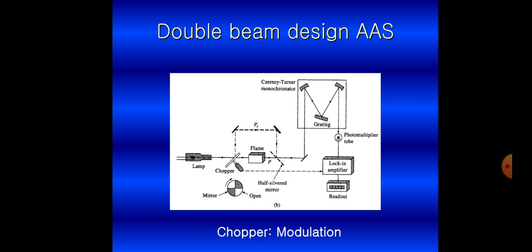This is necessary to distinguish between the emission of the flame and the emission of the lamp, because the detector cannot distinguish between these two unless we make the light of the lamp an AC light, and by using the chopper, which will turn, we will have an AC light of the lamp that can be distinguished by the detector from the continuous light of the flame.